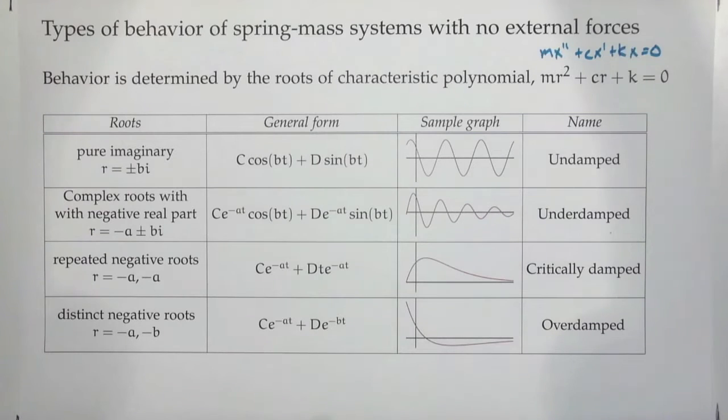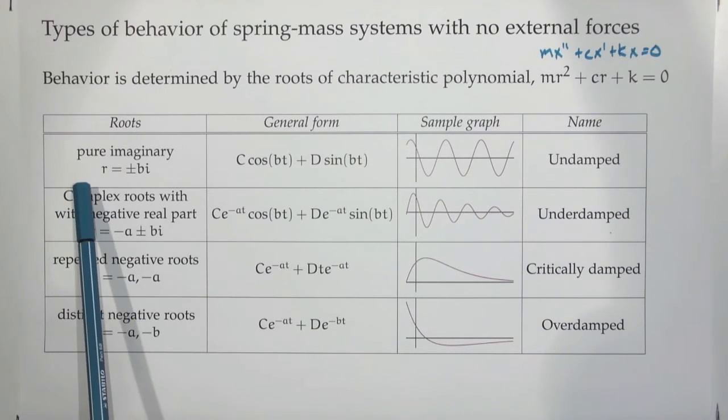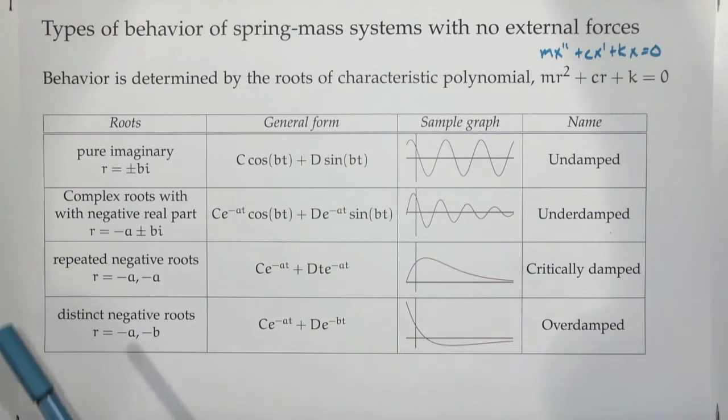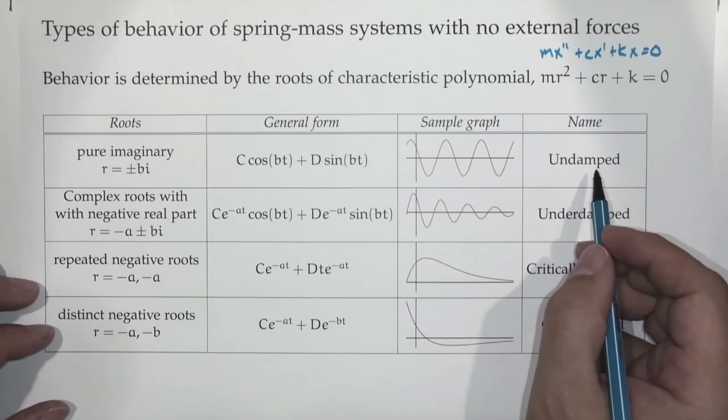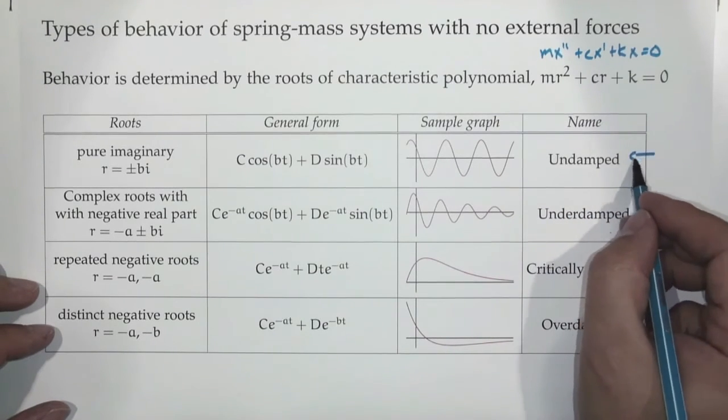So one thing that might happen is that you have what we would call pure imaginary roots. So plus or minus i times some constant. And these are actually really simple to understand. This corresponds to undamped. The reason we call it undamped is that this really says that c equals 0.